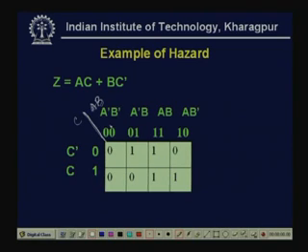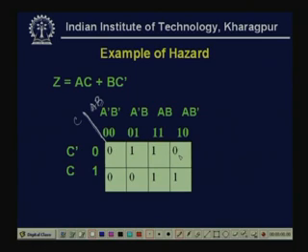So, here the 4 terms will be A dash B dash, A dash B, AB, AB dash, and C dash, C.